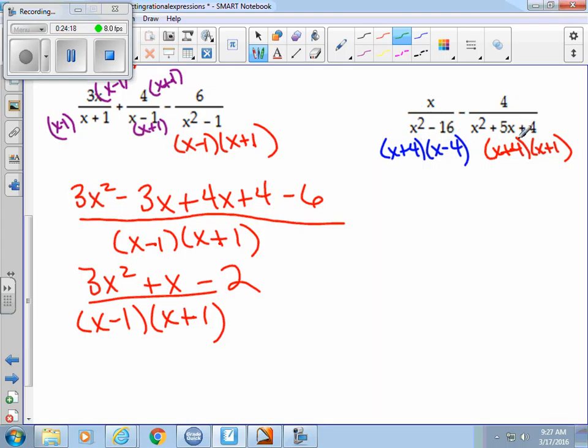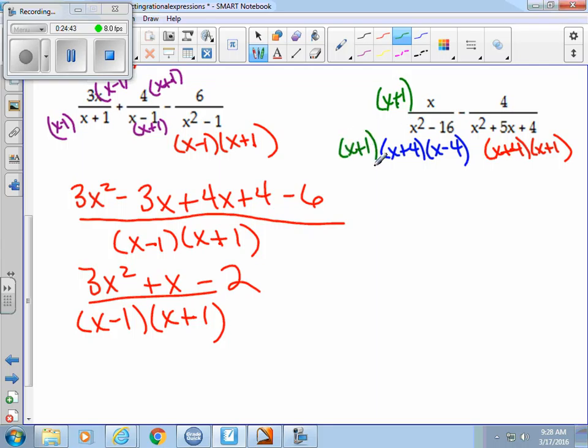What does this one need that this one has? The bottoms. Only looking at the bottoms. What does this bottom have that this bottom doesn't? x plus 1 in factored form. x plus 1.